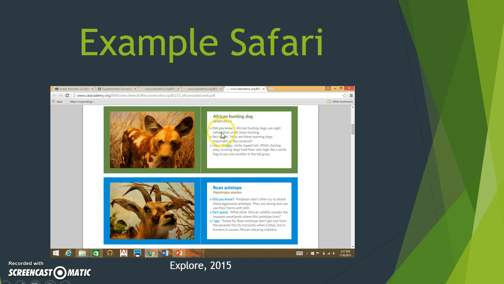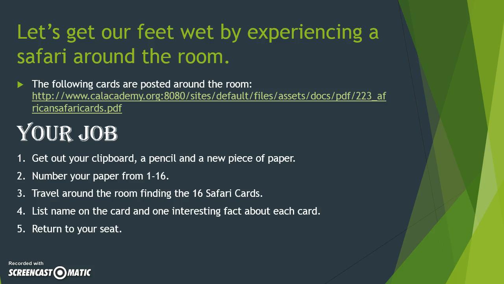And then on this side, you may notice that it has little facts like, did you know, for instance, this African hunting dog uses sight rather than smell for hunting. I find that quite interesting. There's fact quests, there's I Spies, just some fun little things to get us thinking about what we might see in Africa.